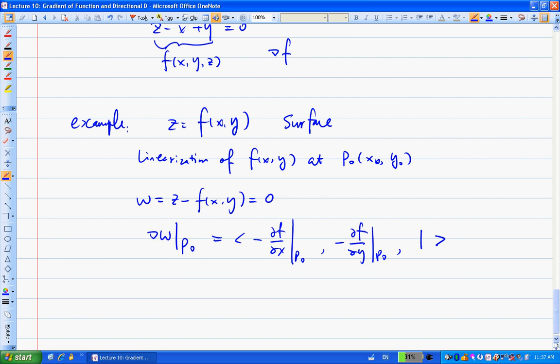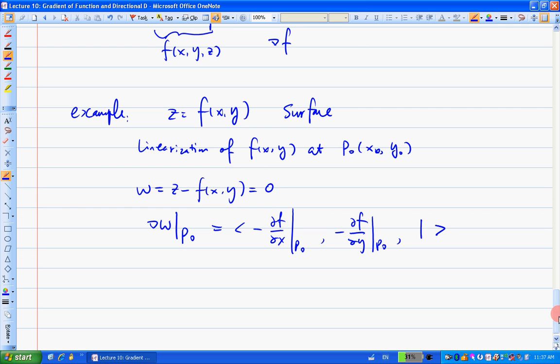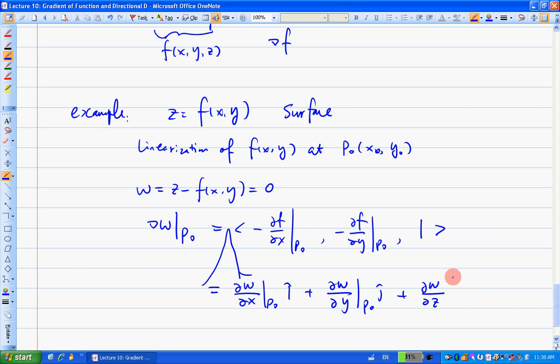So I skipped one step here. Is that okay? No? Okay, let me rewrite it. This is supposed to be a step here: partial W over partial X at P naught, partial W over partial Y at P naught, partial W over partial Z at P naught.